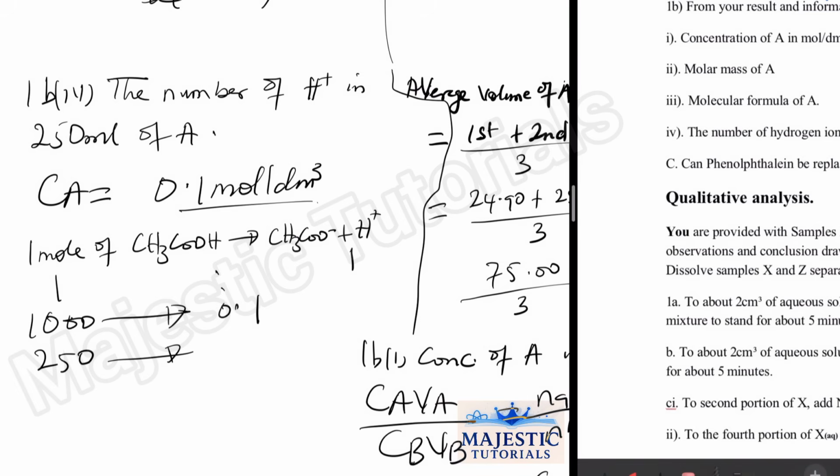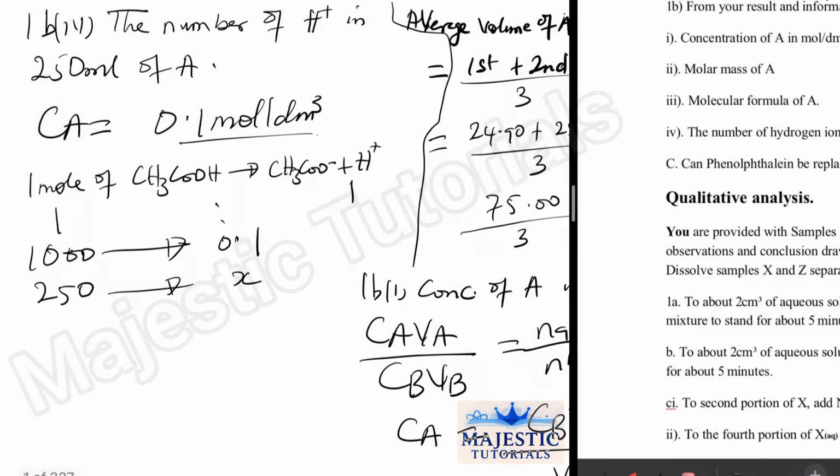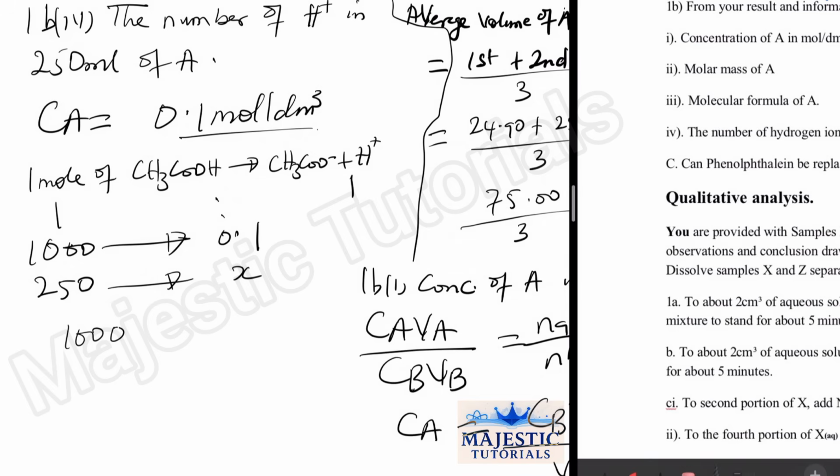250 will contain 1000x equal to 250 times 0.1. Remember, it's cross multiply that I'm doing here, such that x is 250 divided by 1000, divide both sides by 1000. So we have now 0.1 times 250 over 1000, and cancel. At the end, we have 1 over 4 left.